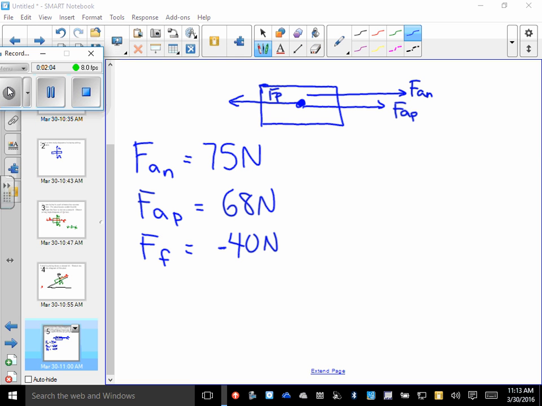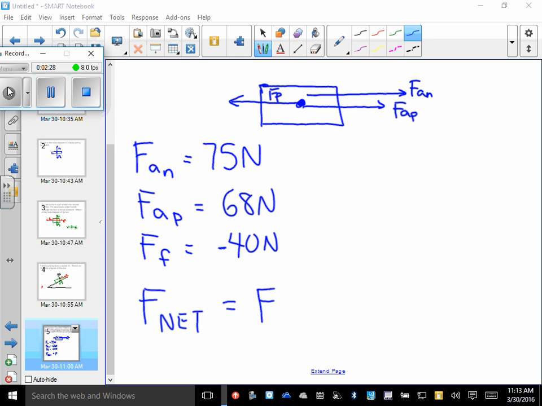Okay, to determine the net force, we need to write out a formula. This is not a formula that you'll find on your formula sheet because every situation has different forces applied to it. But F net, the net of the forces, is always equal to the sum of all the forces added together.